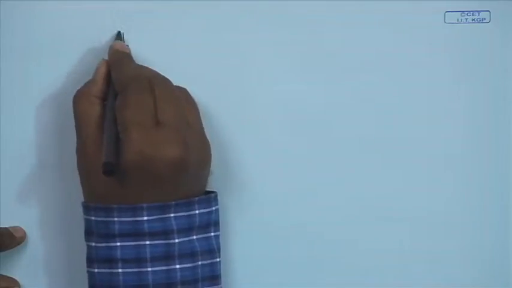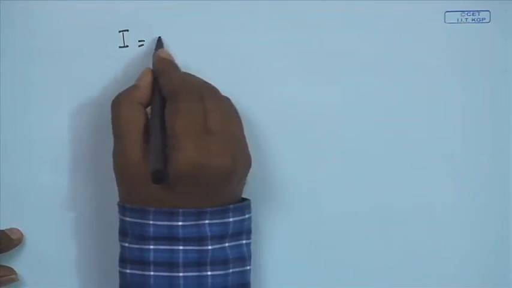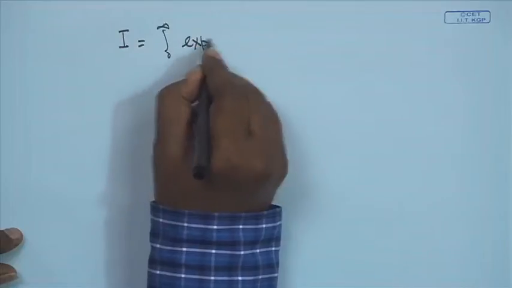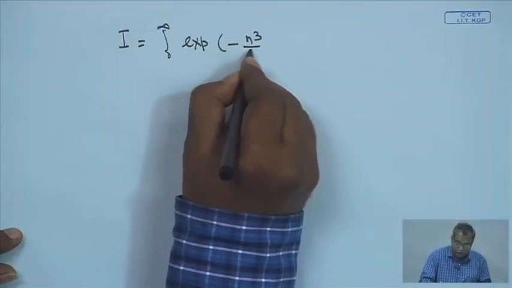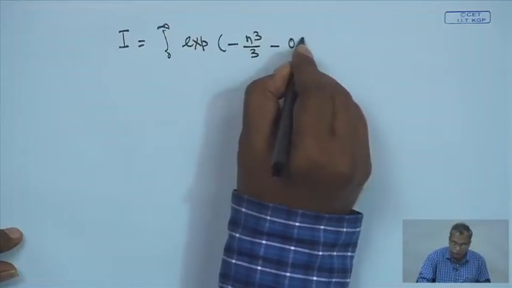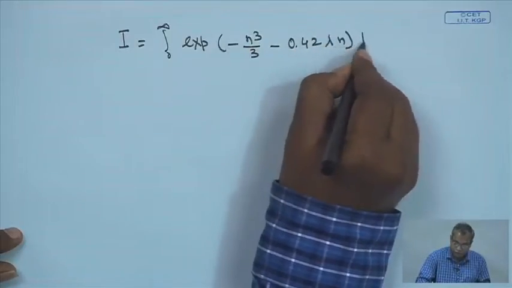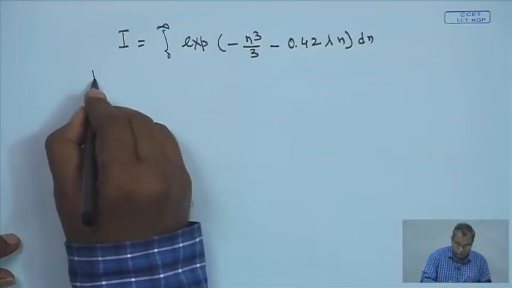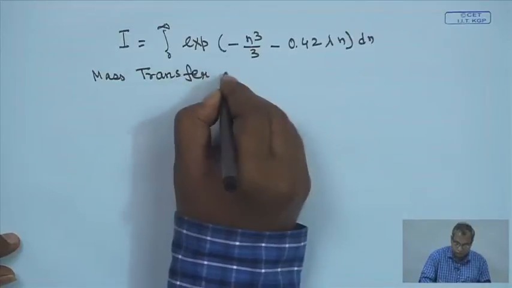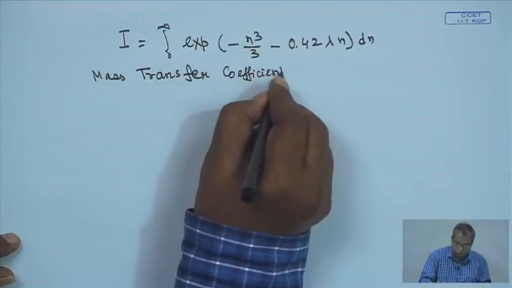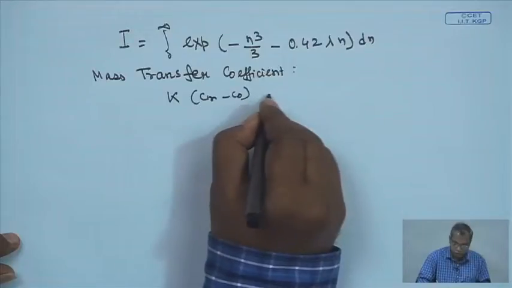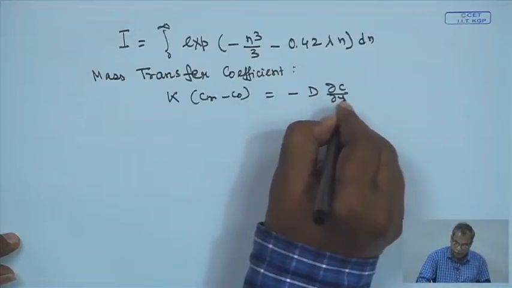So, if we go back to the expression of the definite integral 0 to infinity of exponential minus eta cube by 3 minus a eta d eta, I am replacing a by 0.42 lambda, and now we define the mass transfer coefficient as k Cm minus C naught is equal to minus D del C del y at y equal to 0.